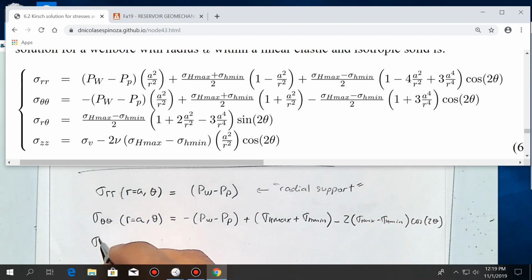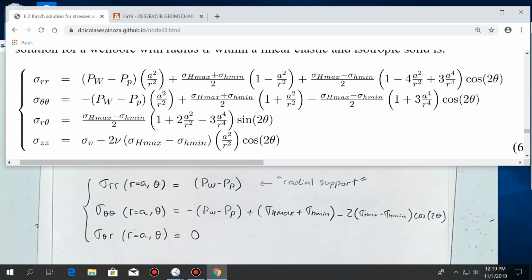And sigma theta R is going to be what? 1 plus 2, 3, minus 3, 0. So if this is 0, everything is going to be 0. And that also makes a lot of sense, because a drilling mud cannot apply a shear on the wall of the wellbore.